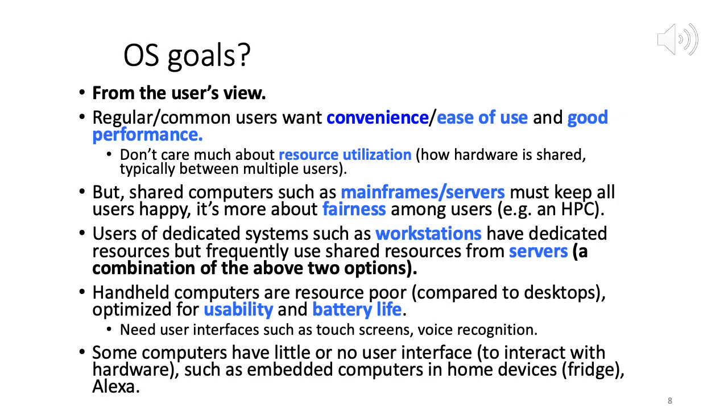So users, regular common users at least, don't care much about resource utilization. So whether the CPU is 60% utilized or 80% utilized, they may not care that much, as long as they are getting their ease of use and they're getting relatively good performance. Okay. So that's one set of users, regular common users.